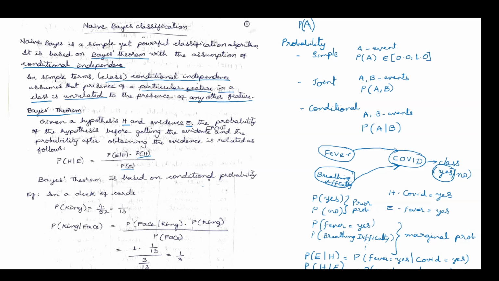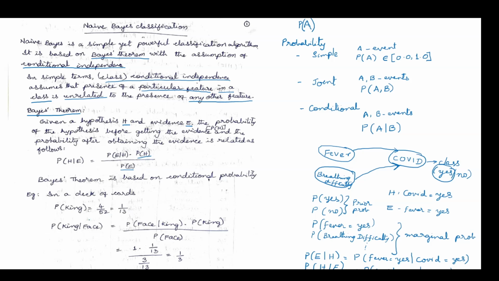So you have the probability of king. Out of a 52-card deck, only 4 of them are kings. So the probability of drawing a king card is 1 by 13.